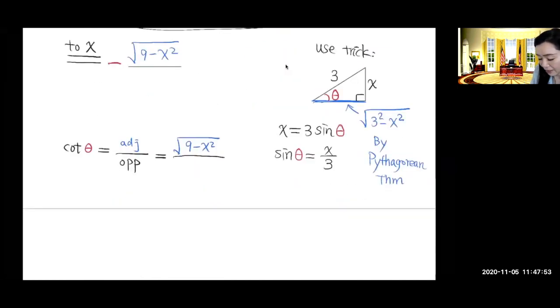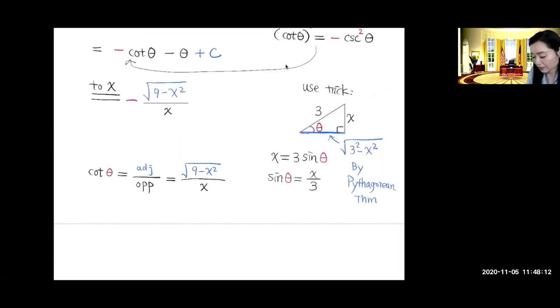So it's over x. So cotangent theta is this adjacent over opposite. That takes care of this cotangent theta.